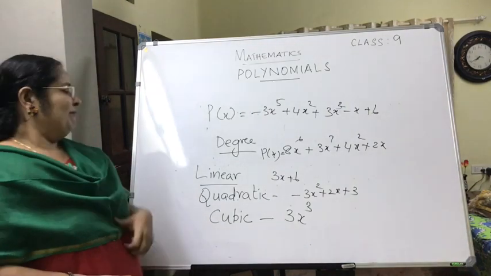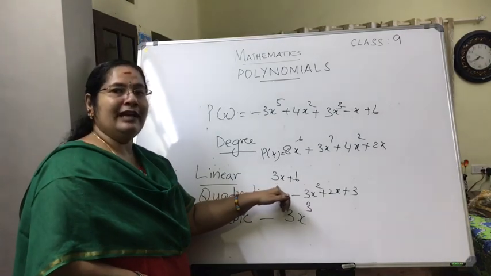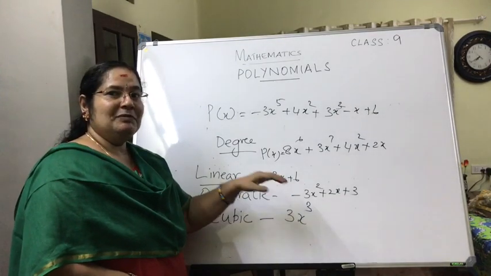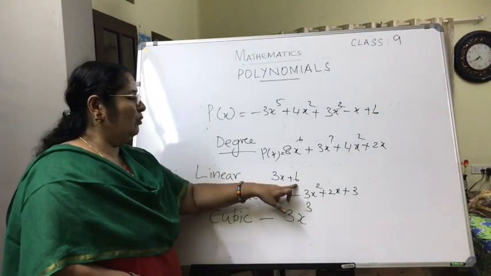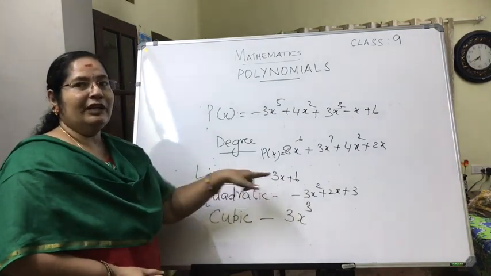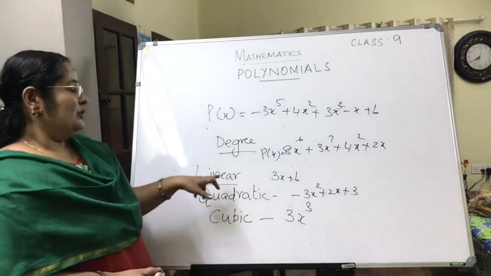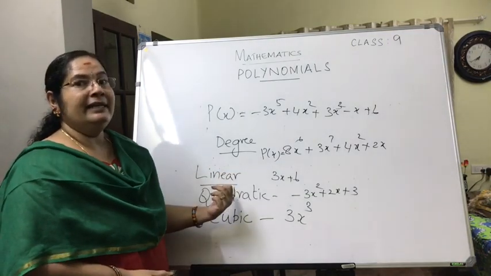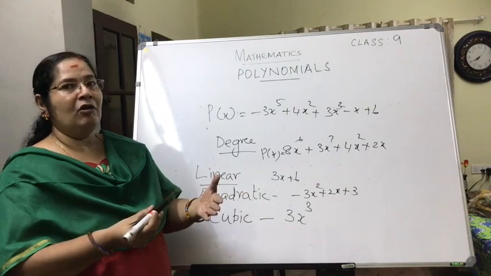Now one more example. We can call it by two names. Based upon the number of terms, what type is this? It's a binomial. Based on the degree, it is linear. So it is a linear binomial.